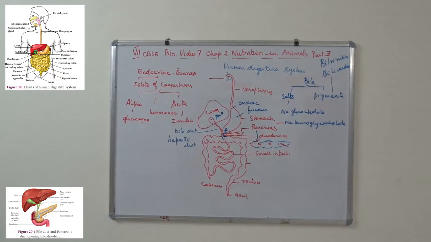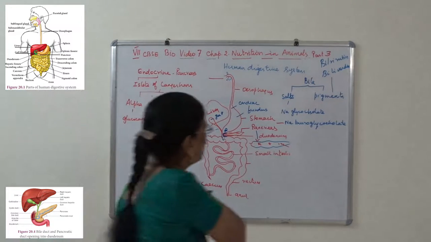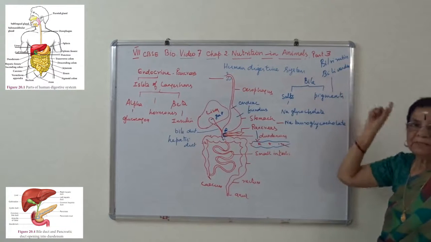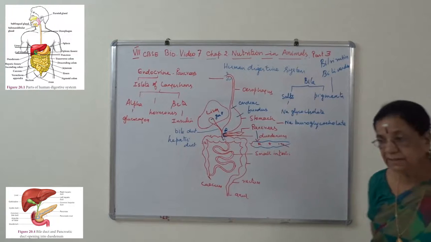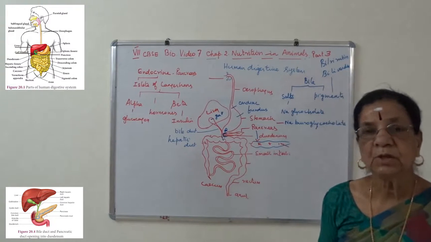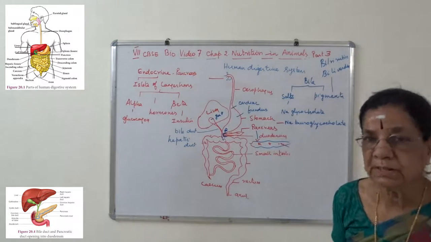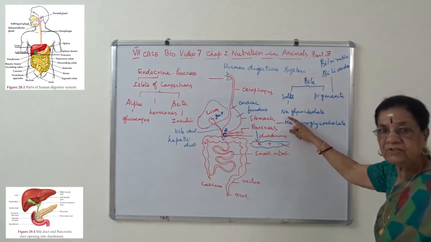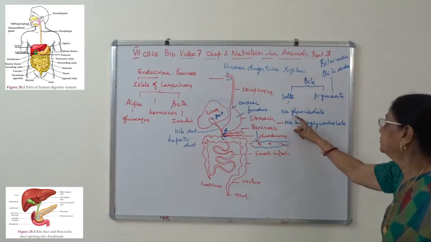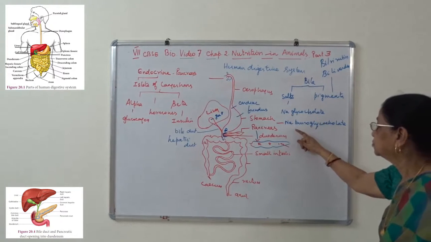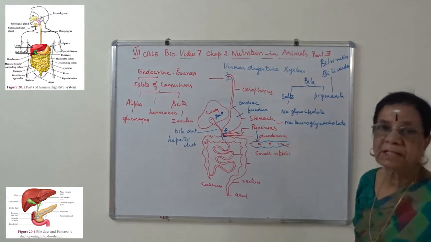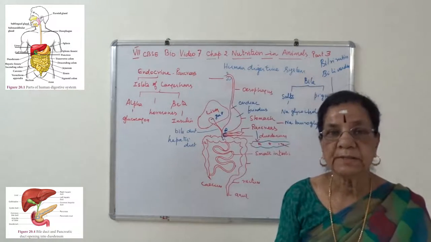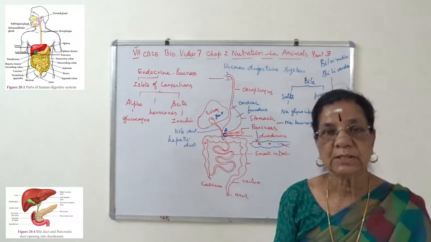The bile juice, as I said, has bile salts and bile pigments. Bile pigments are bilirubin and biliverdin, which are the breakdown products of hemoglobin. And bile salts are sodium glycolate and sodium taurocholate.